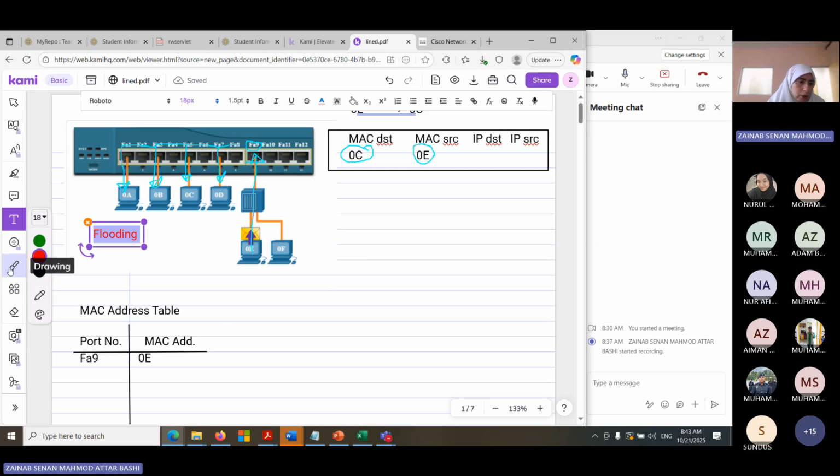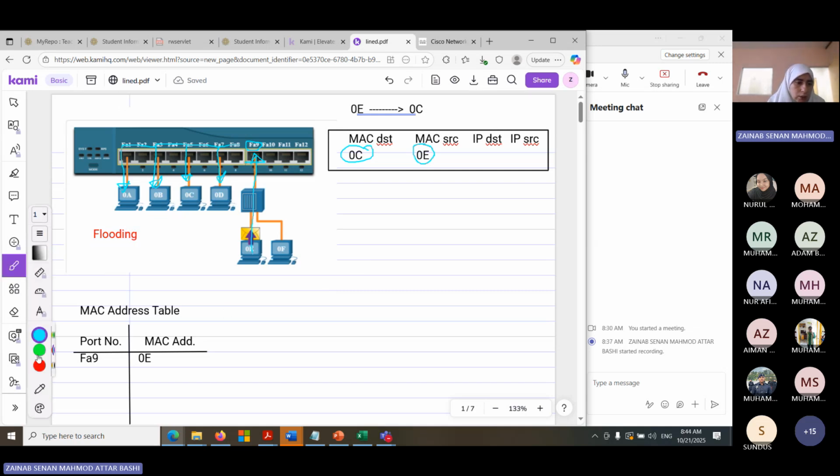Now, each of them will look at it and say, okay, this one here, 0A, will look at the IP address and the MAC address. This is not mine, so I simply ignore it. This one also will process it, put it in the CPU, check, it's not mine, and ignore it. D also will ignore. Now, only C will look at it and say, oh, this is mine, I will reply.